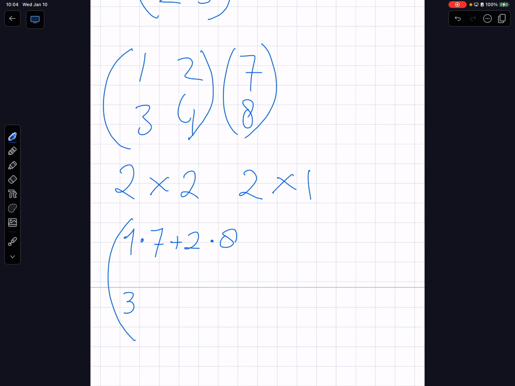Next, 3 multiplied by 7, add 4 multiplied by 8. Add them together, you have 7 plus 16, and then you have 21 plus 32.